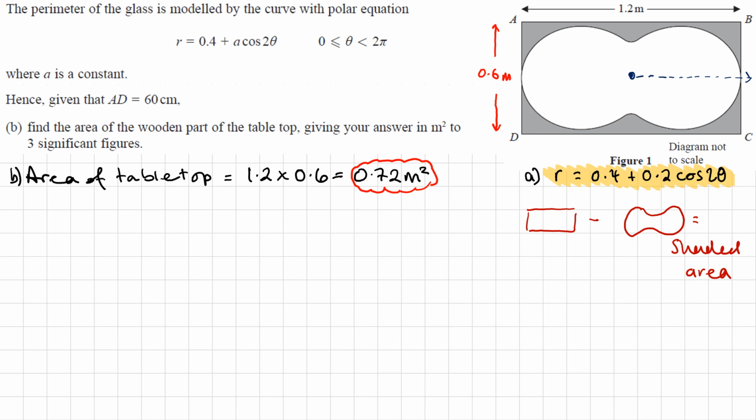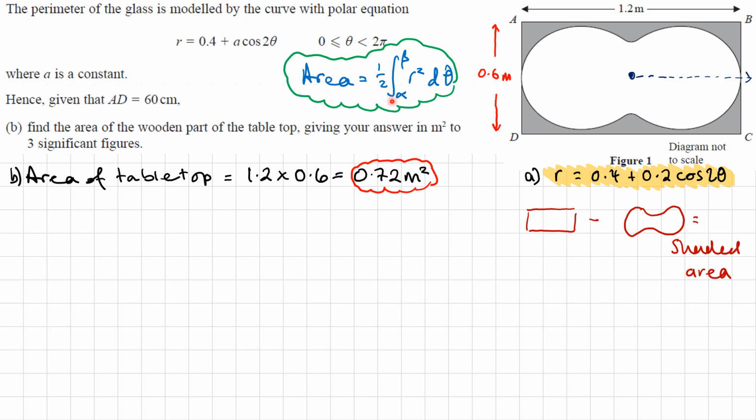So just a reminder of the formula to find the area enclosed by a polar curve: it's half the integral between my limits of alpha and beta, in my case 0 and 2 pi, of r squared with respect to theta, d theta. So I'm now going to be working out the area of the glass part of the tabletop.